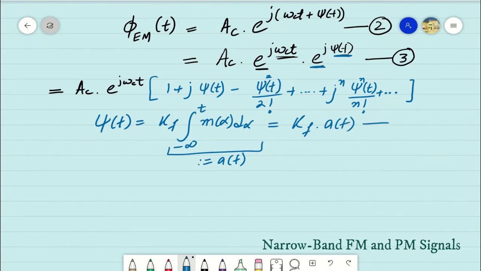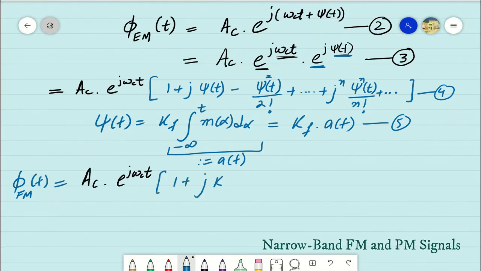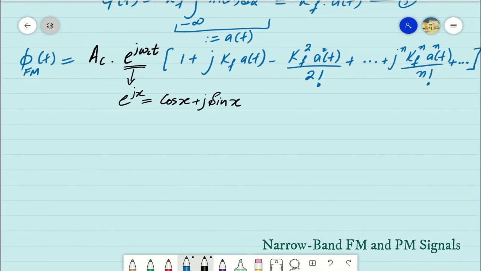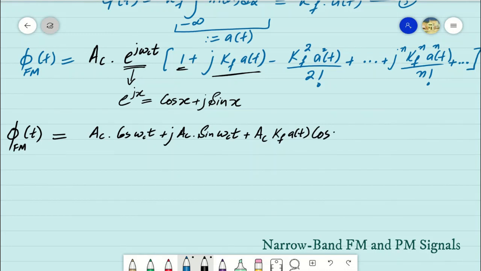By substituting equation number 5 into equation number 4, we can expand the exponential modulated signals equation to the frequency modulated signals expression, that is, and if we expand this first exponent with Euler's formula, that was in generalized form, then after multiplying these two terms and applying some mathematical simplification operations, we get this as j being multiplied with j, we get j square, that is equal to -1.